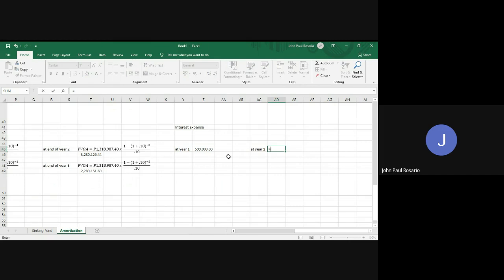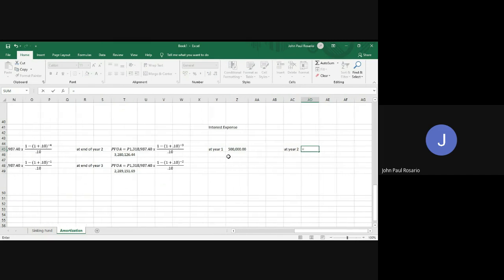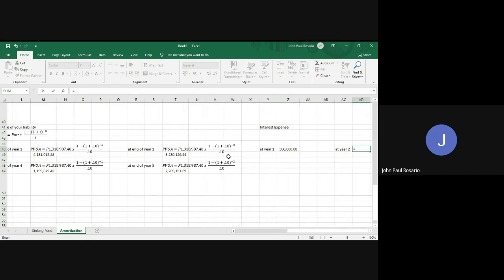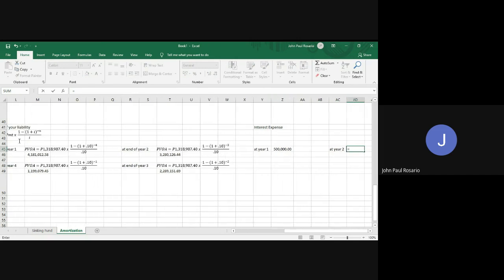So for that, you get your present value of remaining payments at the end of year one, which is this one. And then you simply multiply that by 10%. So at year three, you do the same. So since year three ang pangutana, get the balance of year two and then multiply by 10%.